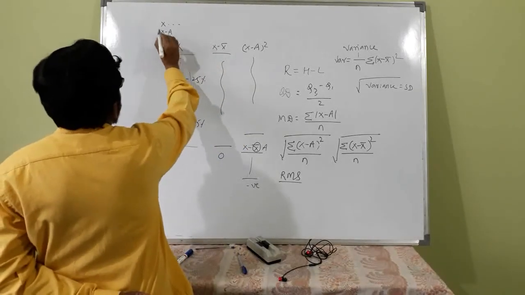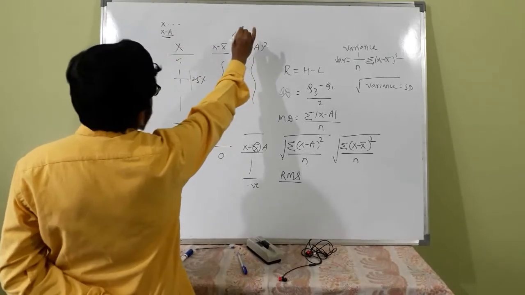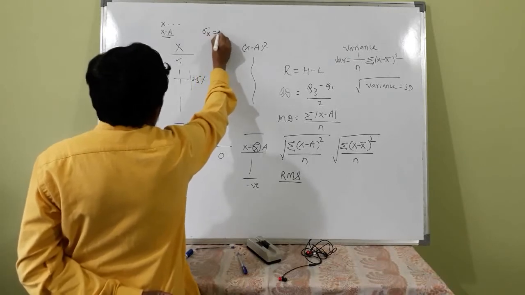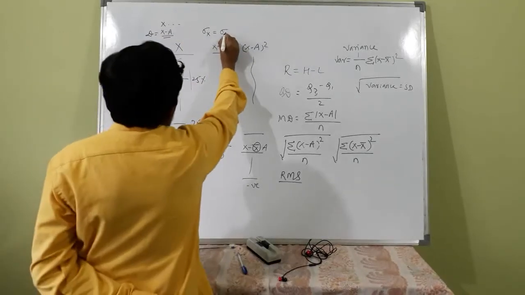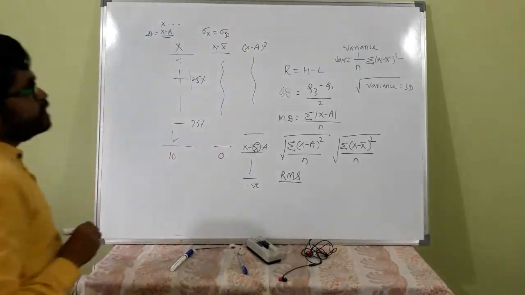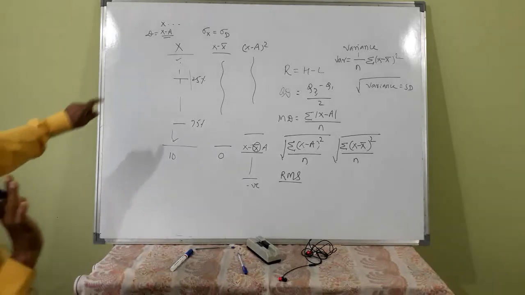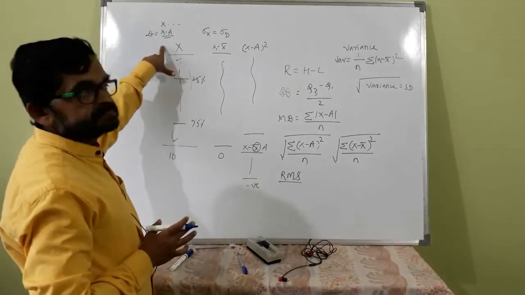So then if you take the deviated values and take the standard deviation of that, both will remain the same. Suppose you define this as d. Standard deviation of the initial values is same as standard deviation of deviated values. This is called as standard deviation is independent of origin.